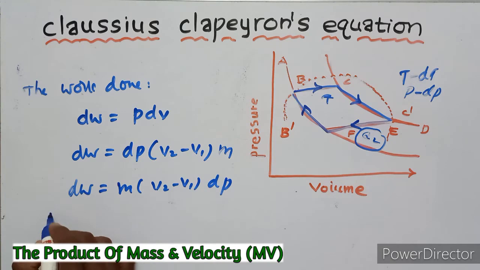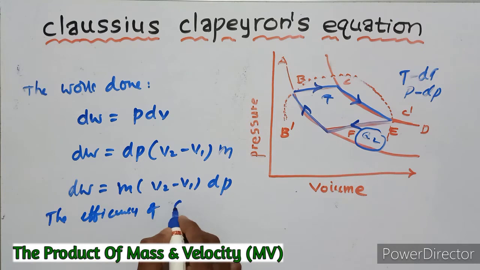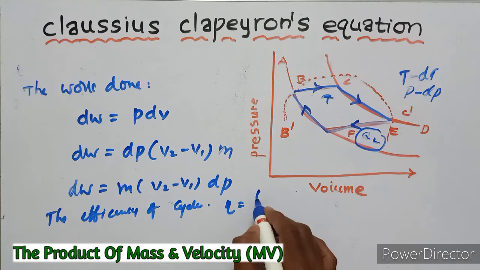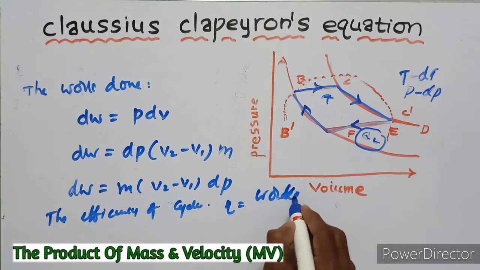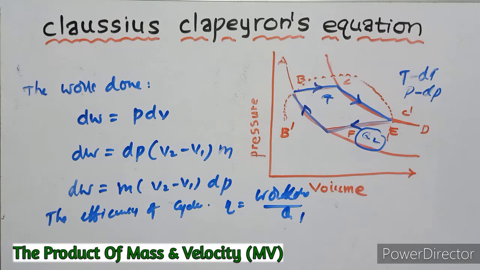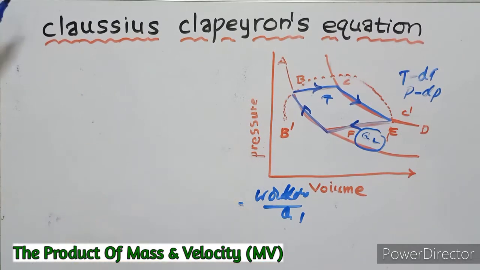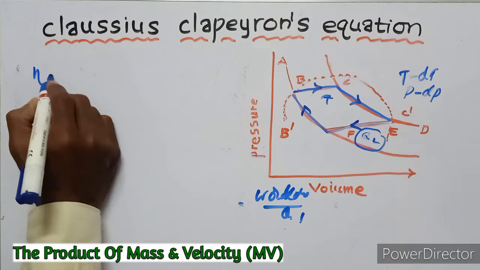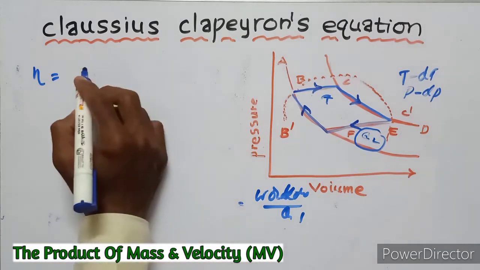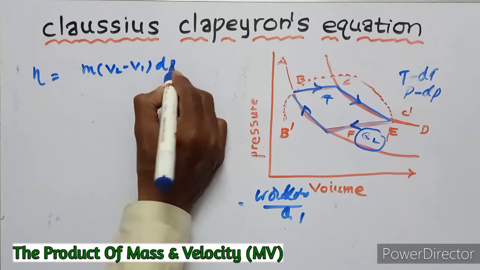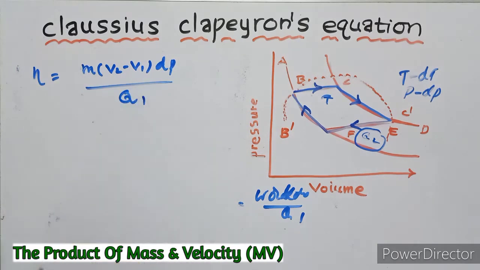The efficiency of the cycle is eta. Eta equals work done by Q1. Work done is dW, which we know is m into V2 minus V1 into dP, upon Q1.